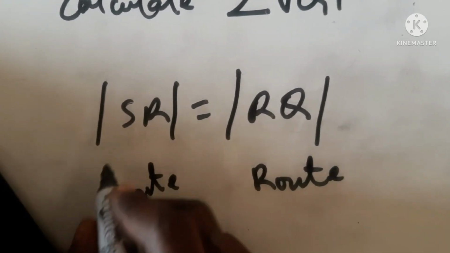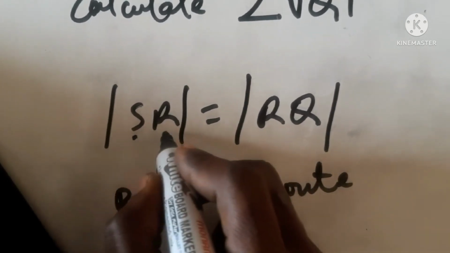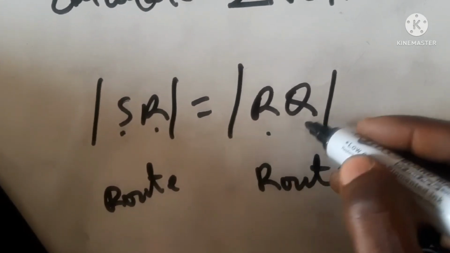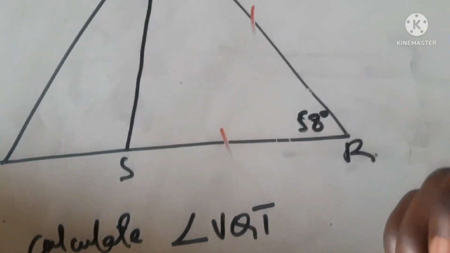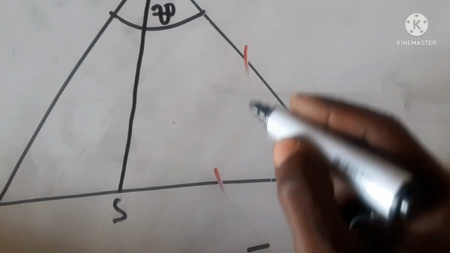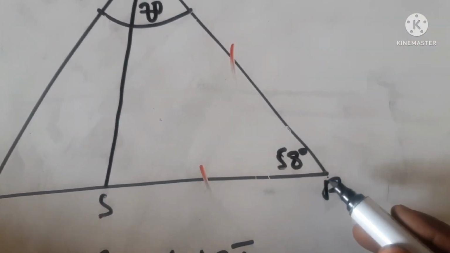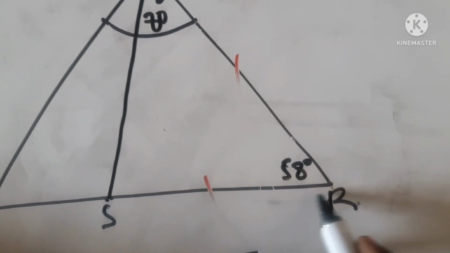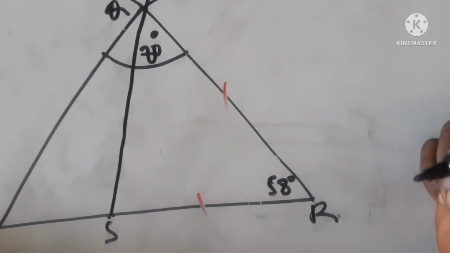The symbol here means that this line and this line are equal. From here to here, and then from here to here, they are equal. That's what the question is saying.